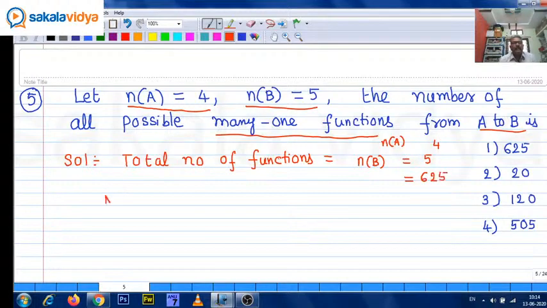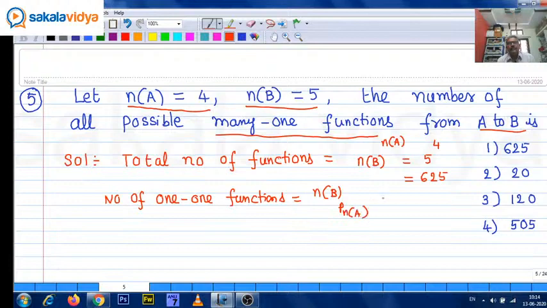Next, the number of 1 to 1 functions can be defined because n(A) is less than n(B). It equals n(B) P n(A), so that is 5P4. Just now in the previous case we did 5 factorial by (5 minus 4) factorial, which is 120.